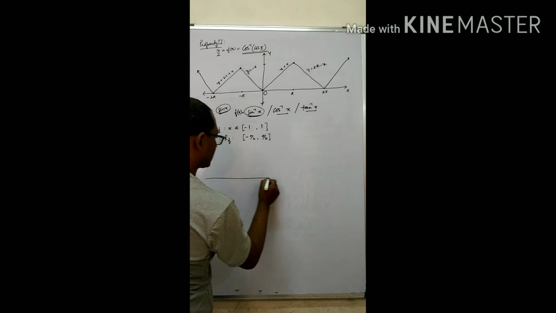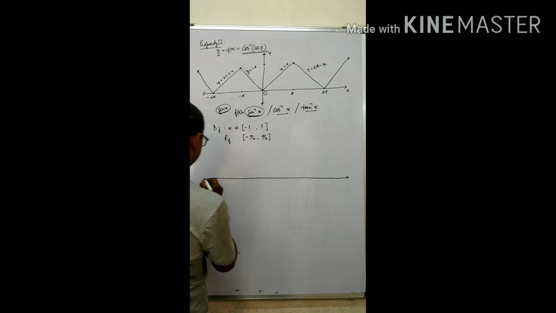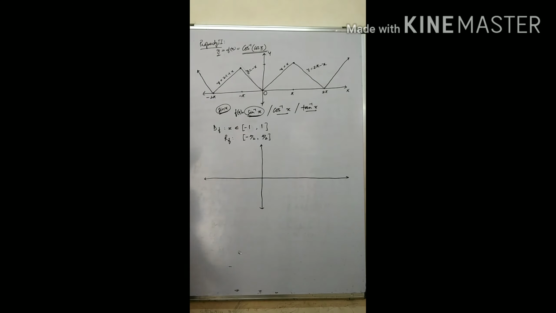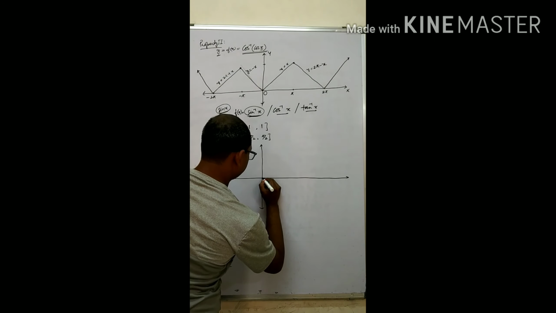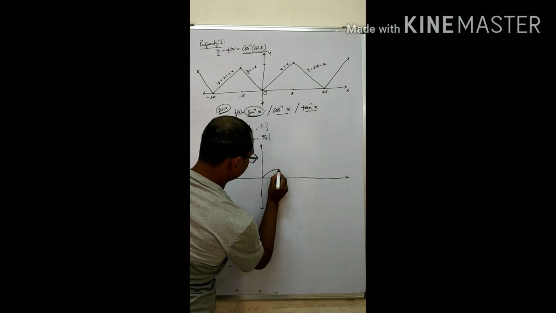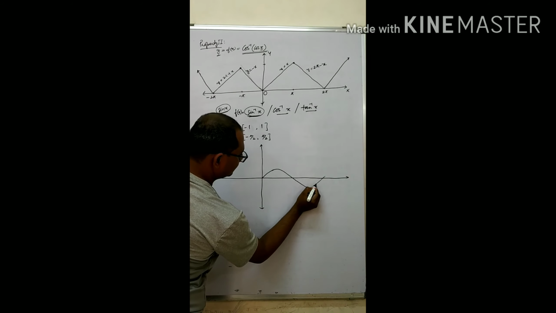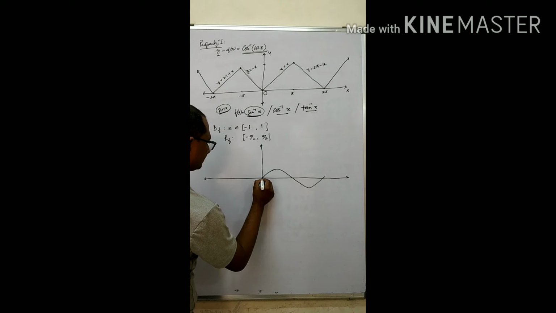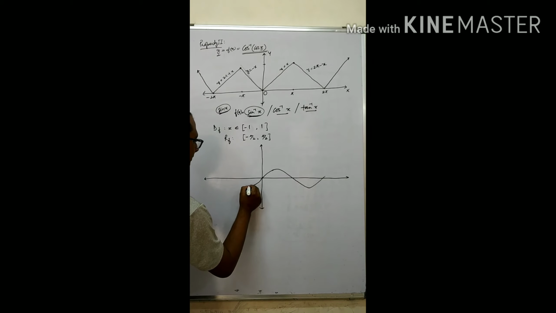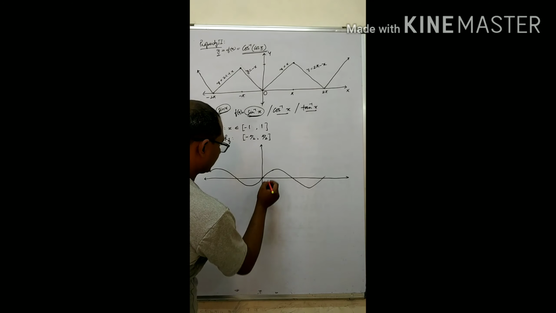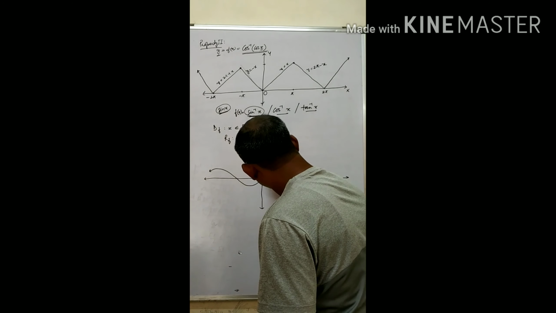So let us draw the sin inverse x graph. First of all, we'll draw sin x. Sin x will be something like this. So we have to take the image of this on the line y equal to x. So let me draw y equal to x.